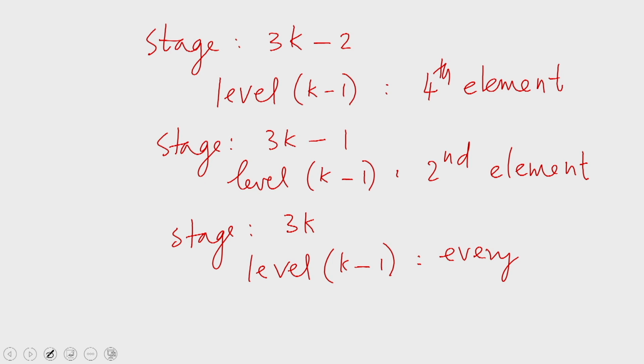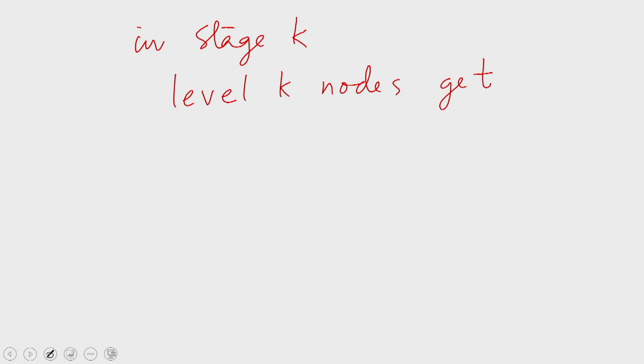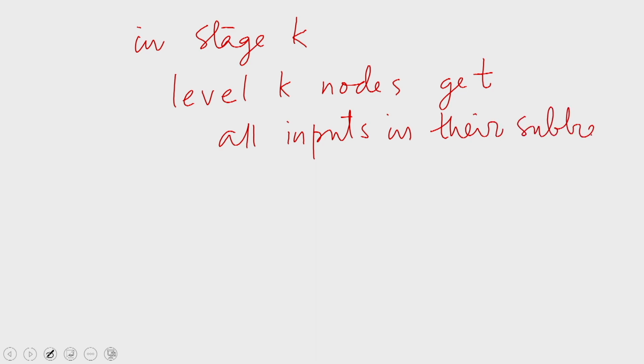Now, in the second step of stage 3k, all these elements will be merged into the caches of their respective parents, and these parents are at level k. So, what we find is that in stage 3k, level k nodes get all the inputs in their subtrees in their caches.